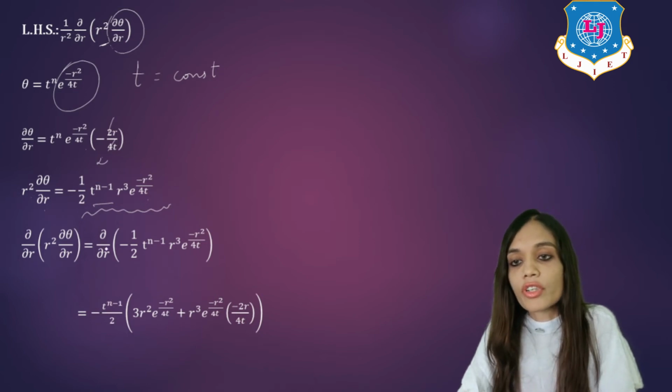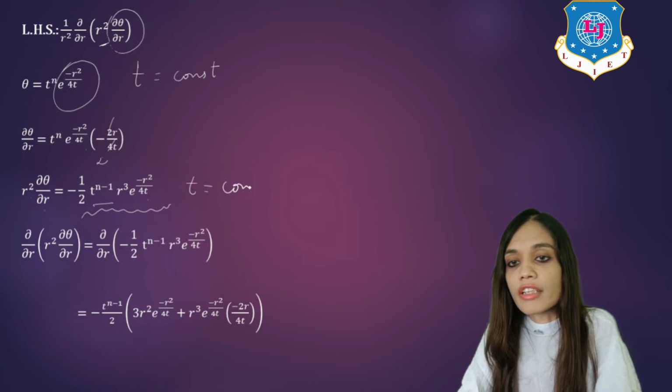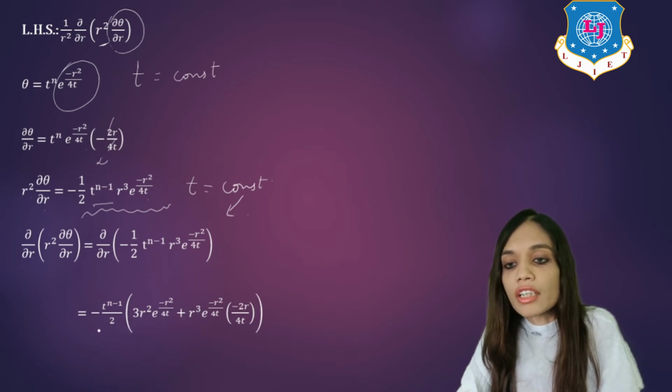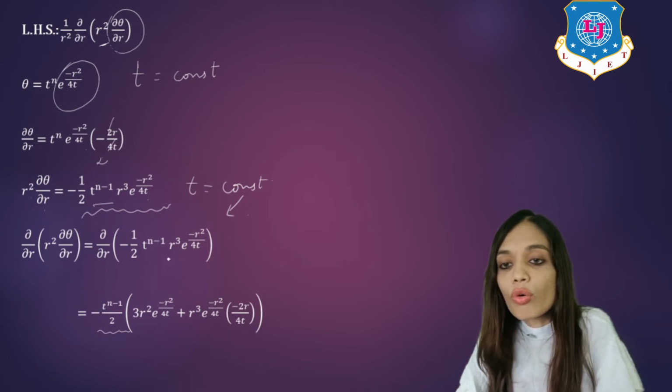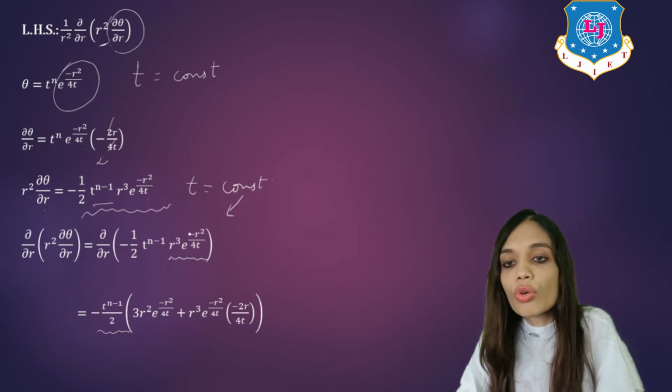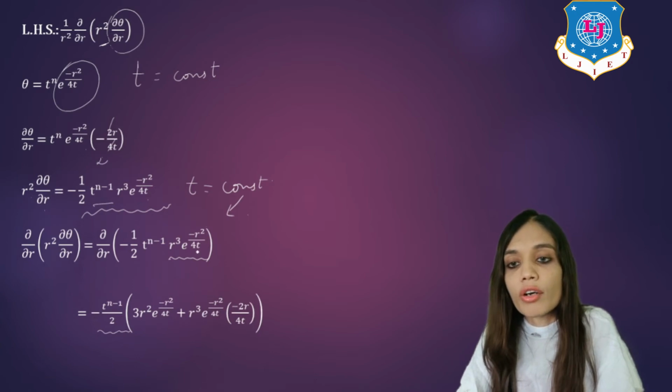So now let us differentiate. Again keep which term constant? T as constant again by differentiation of this. So minus 1 upon 2 and t raised to n minus 1, we are keeping it as outside. Now we have to differentiate only r cube into e raised to minus r square upon 4t using UV rule, right?